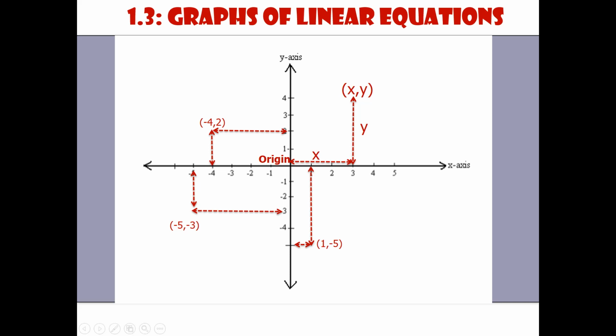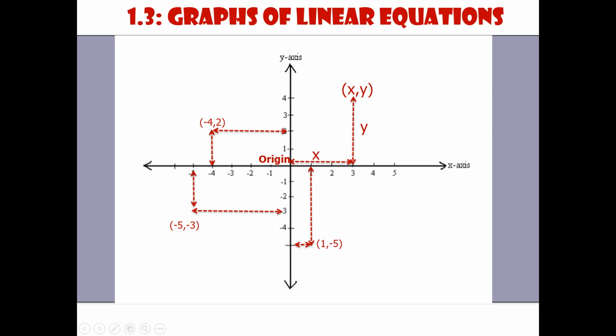This coordinate system is used to identify the location of points on the system. Each point on this graph paper is labeled by two numbers, like these two numbers, -4 and 2.